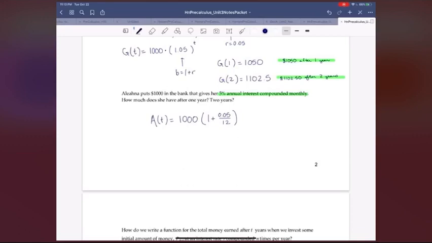And then, since every year we're compounding 12 times, we're going to have to the 12t. So this gives us a function that tells us the value of Aliana's investment after t years. And we can evaluate A of 1 and A of 2.